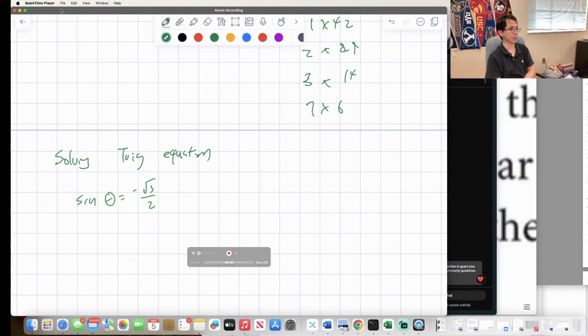A particular solution means there are only 2 in this case. I want to find out what theta is. Now remember, I want all kinds of factors here. So can you tell me what is theta?